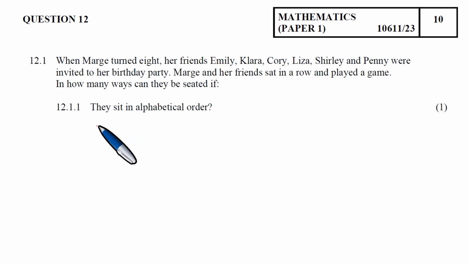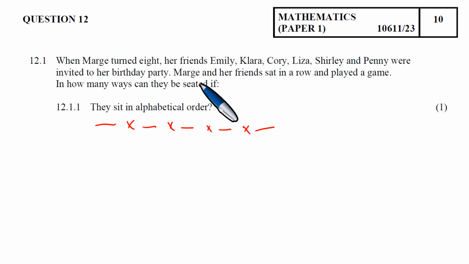So let's agree, we have exactly this. So when Marge turned 8, her friends Emily, Clara, Corey, Lisa, and so on were seated. Marge and her friends sat in a row and played a game.